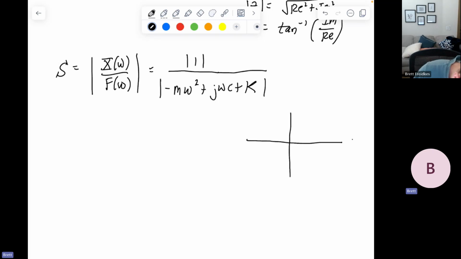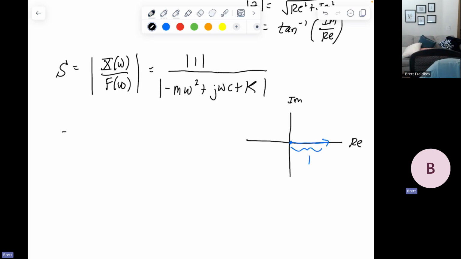Again, this is real, this is imaginary. The numerator is just 1, and that's just a real number. So the length of that vector is simply the value of the real part. So for this case, this is just 1.